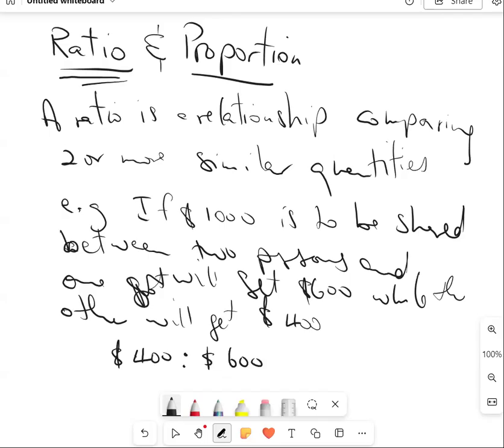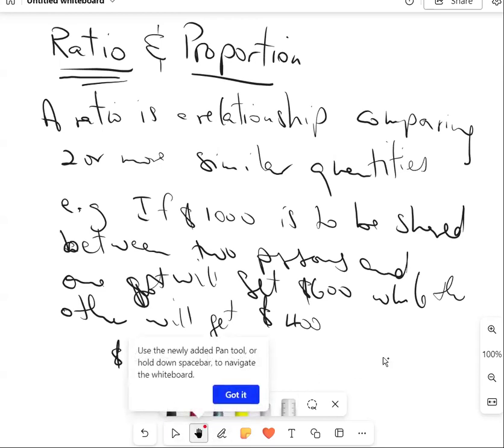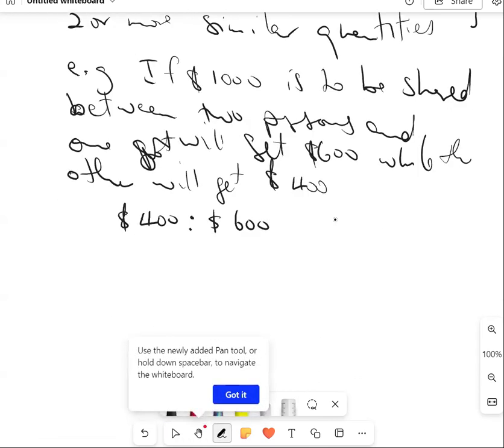So that's a ratio in which this money is shared, 400 to 600. Usually a ratio is unitless, so we don't normally have any signs in there.